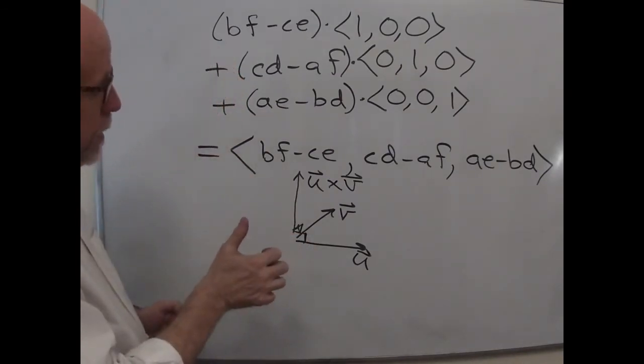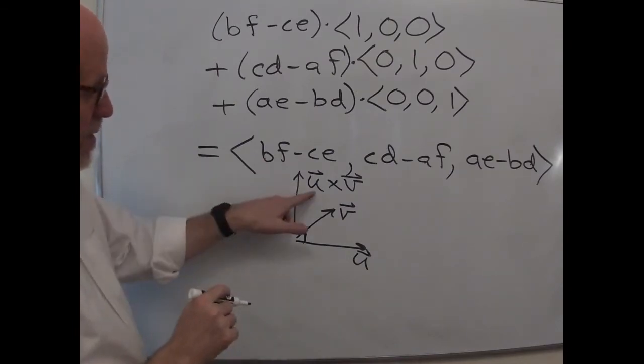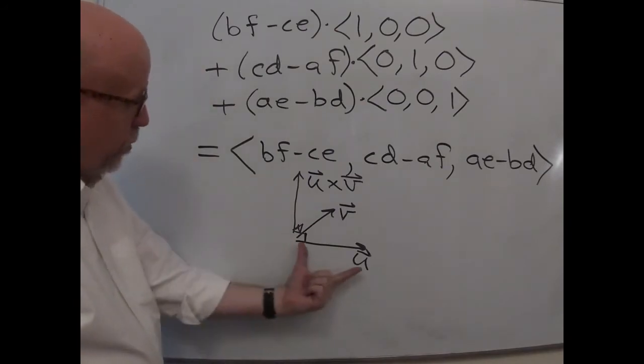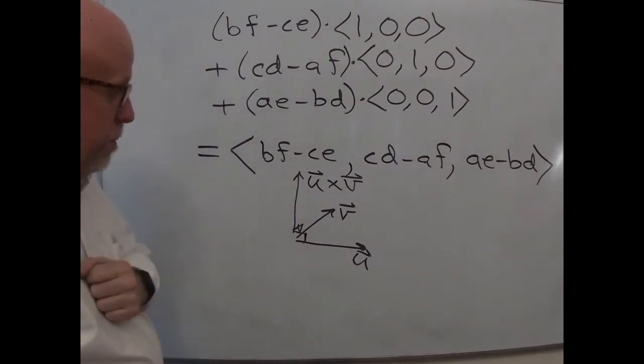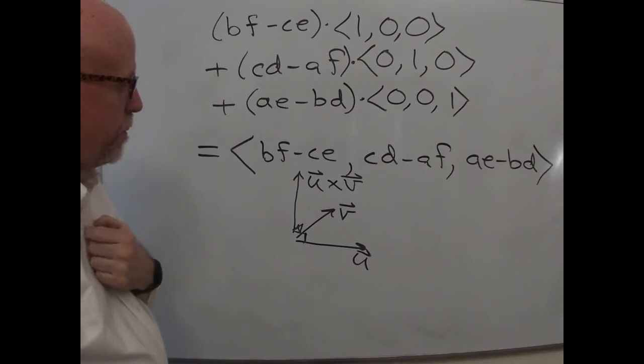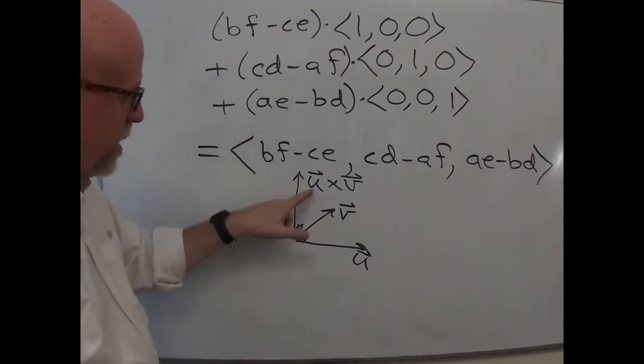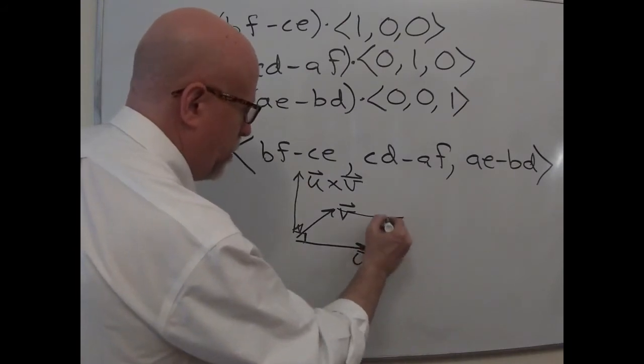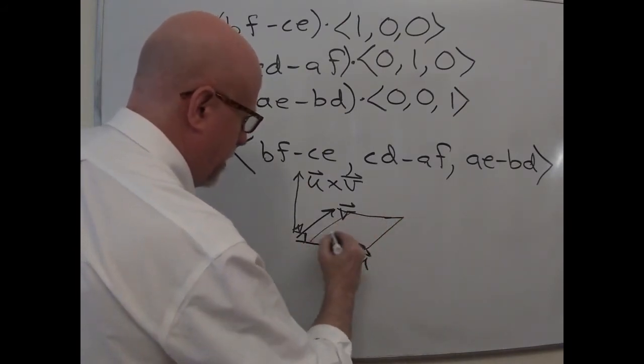All right, and then what else? Well, the size of this guy is related to the sizes of the inputs. If you make one of the inputs twice as big, you get a twice as big cross product. And it turns out the size of it is the area of the parallelogram you get when you try to add these two guys.